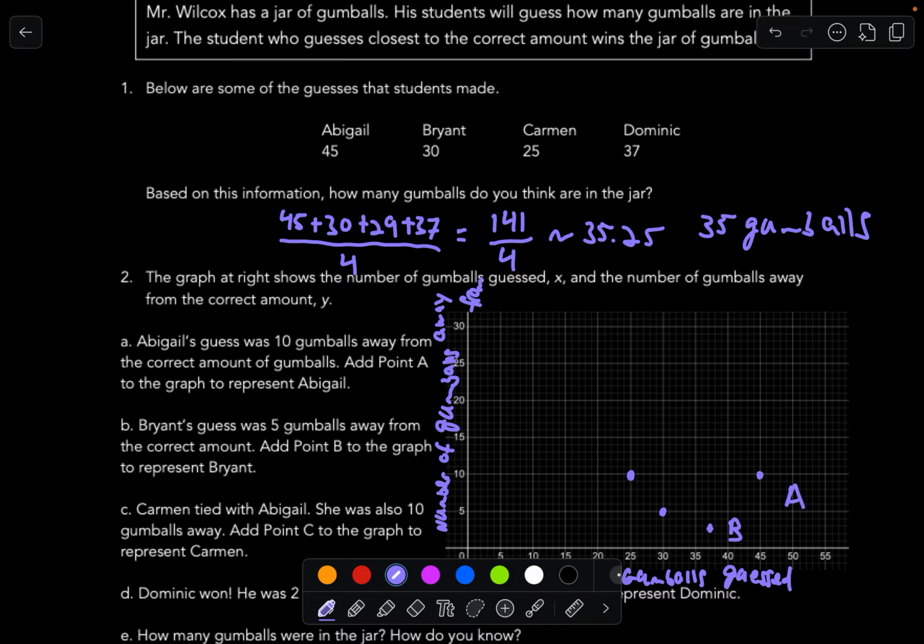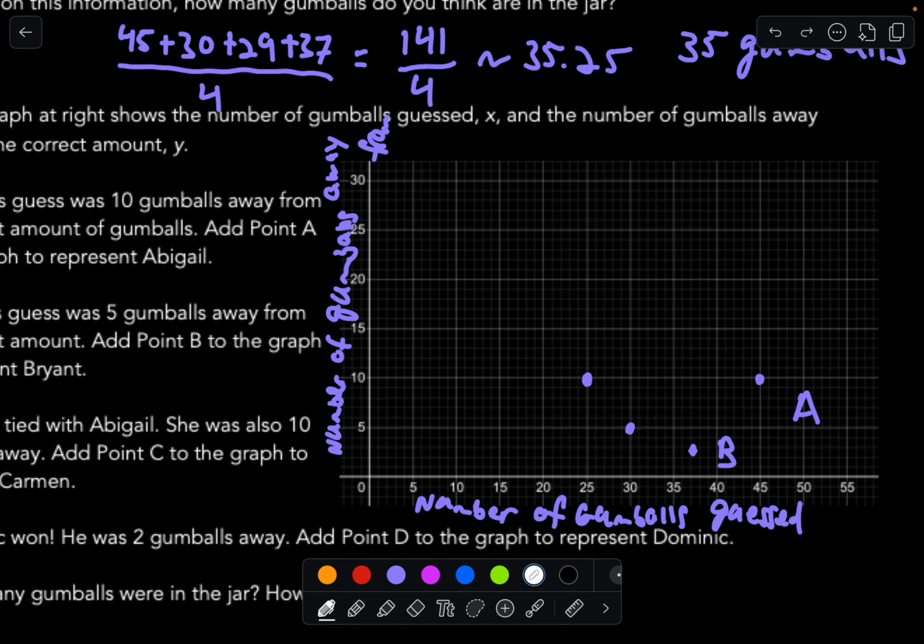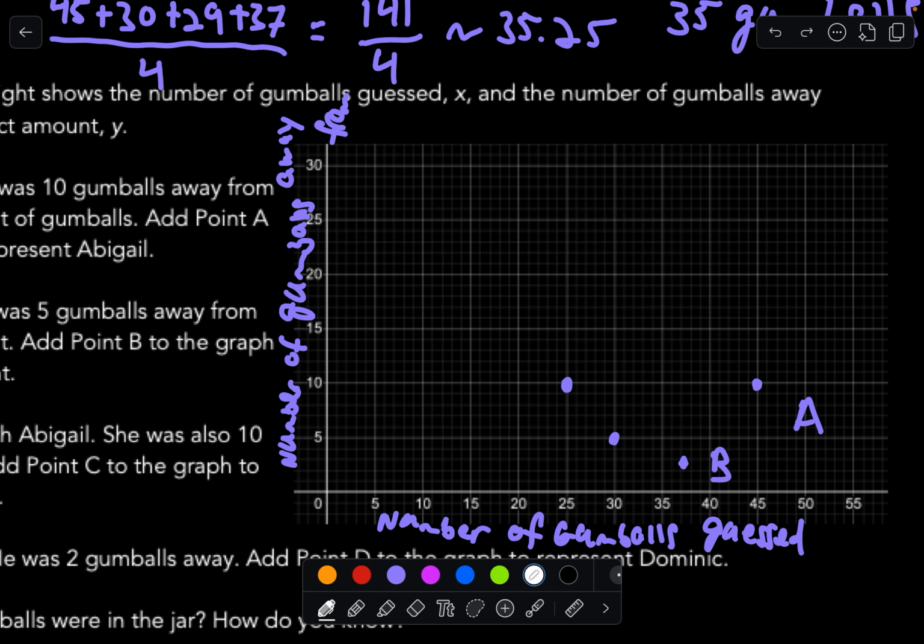Now, what does that do for us? You could try to graph something that goes like this, and maybe does that, but that's not what we're after. It stands to reason that if these are true guesses and they're relatively accurate, because they tell you how off they are, we could draw a line like that and then connect these dots with a straight line.